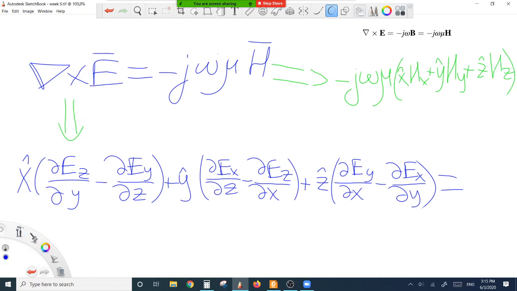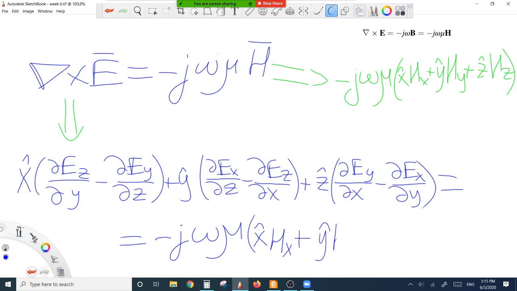That's why everything will be equal to minus j omega mu, x Hx plus y Hy plus z Hz.